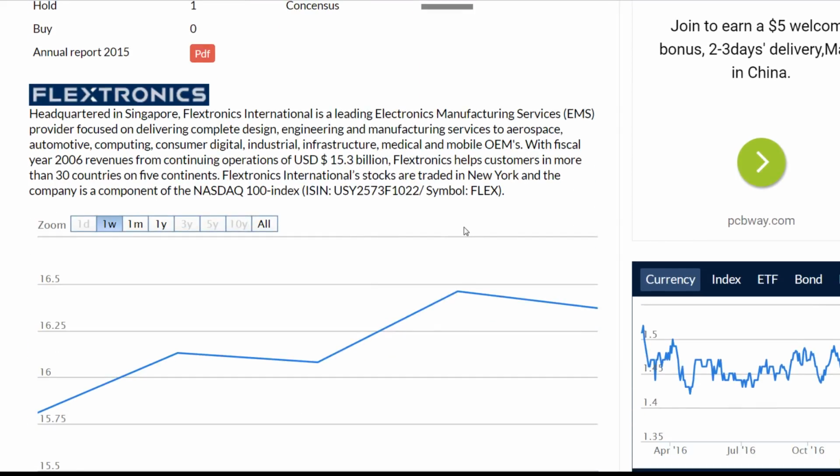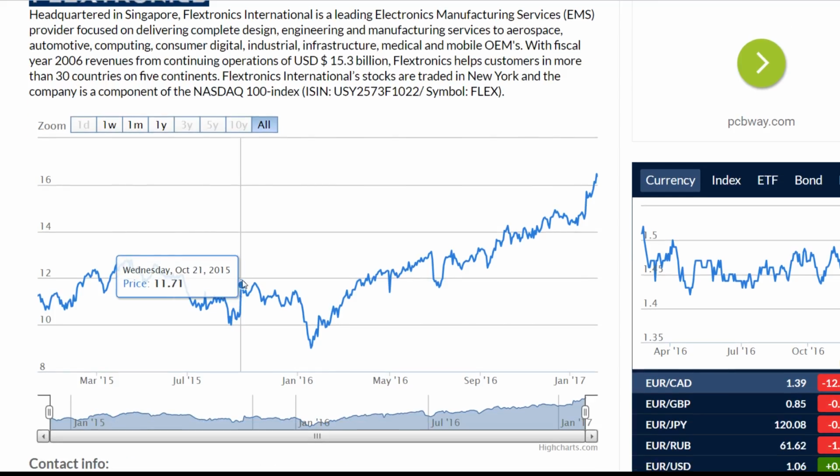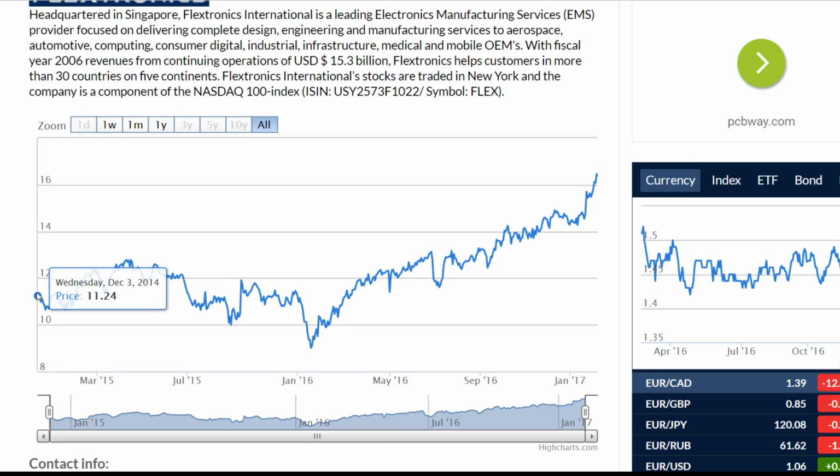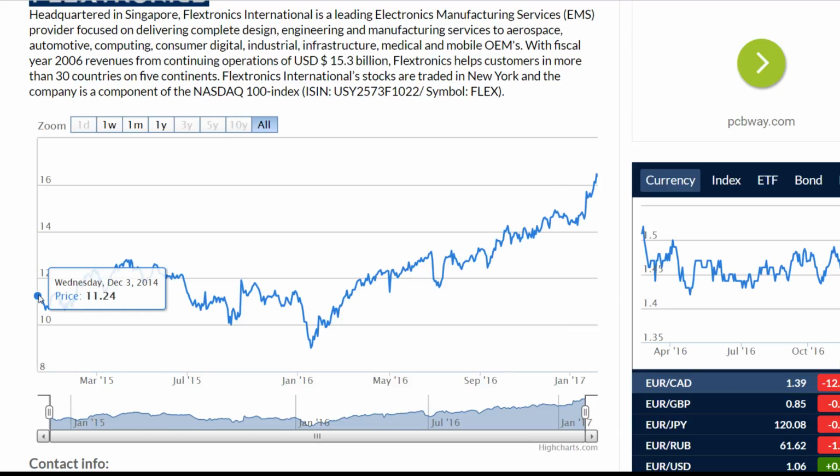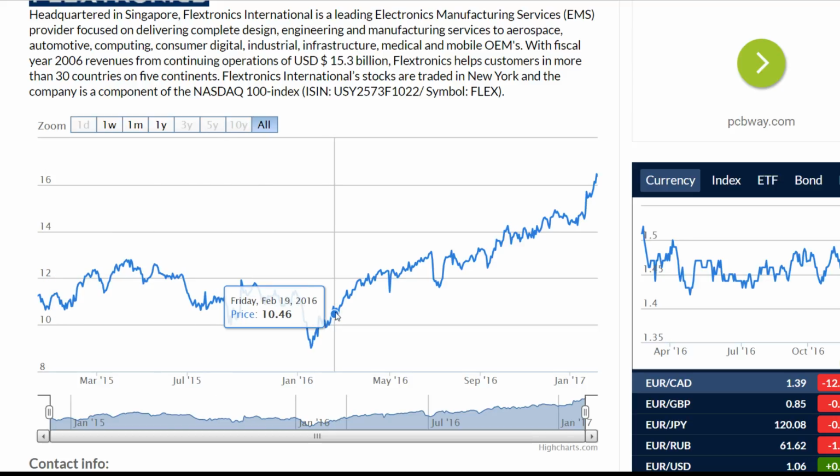In the bottom you can see the historical prices. If we press the All button, we will see the price development for the company from 2014 to 2017. At the beginning, the company was traded only at $11 US, and during the years from 2014 to 2016, the price was very volatile, and it decreased to 10 in February 2016.